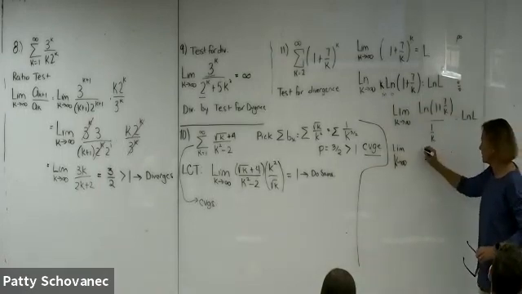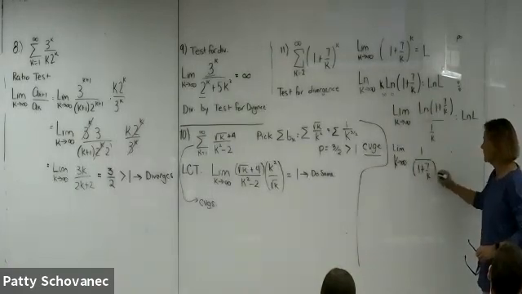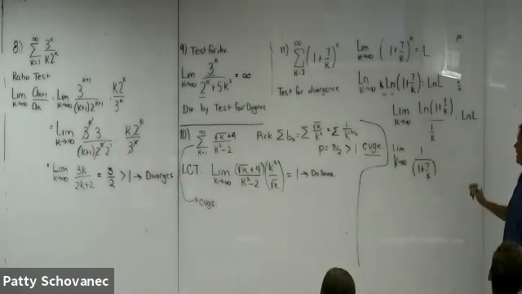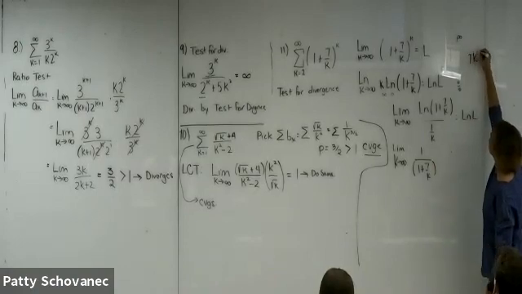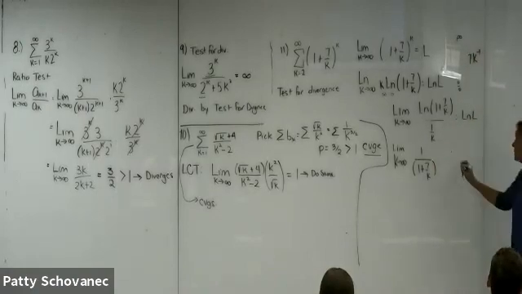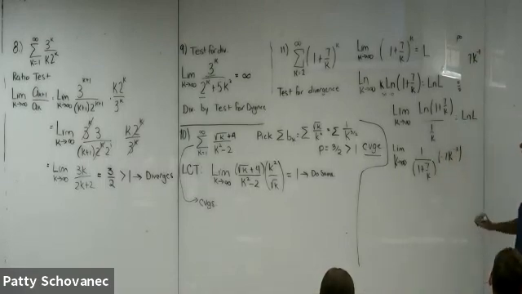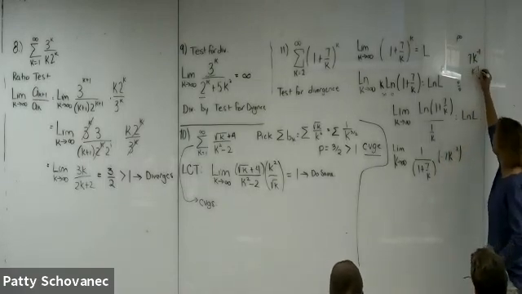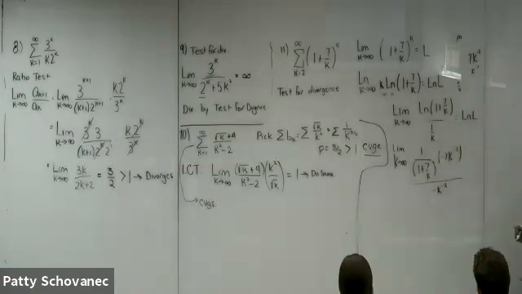Where the derivative of the log of something is 1 over that stuff. But then I have to go inside and take the derivative. The derivative of 1 is 0. 7 over K is 7K to the negative 1. So when I take the derivative, I get negative 7K to the negative 2. Downstairs, I got a K to the negative 1. So when I take the derivative of that, I get a minus K to the minus 2.